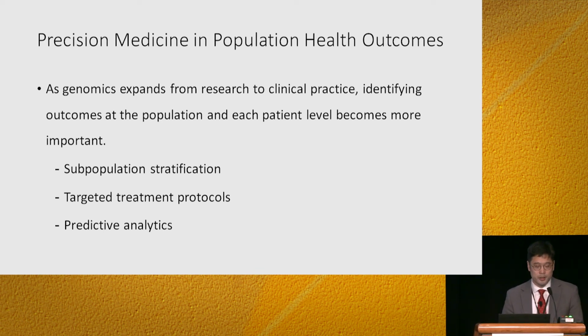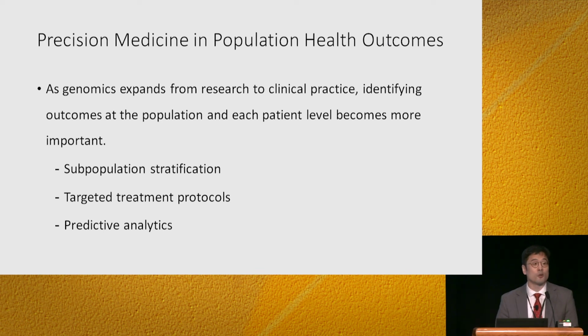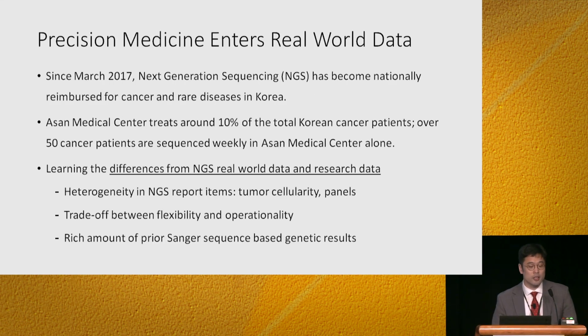As precision medicine comes into the era, populations are not one size fits all or the blockbuster era, but subpopulation stratification, different treatment protocols according to the patient's status, and more predictive analytics. In March 2017, the Korean government took a big step and decided to nationally reimburse next-gen sequencing for cancer patients.